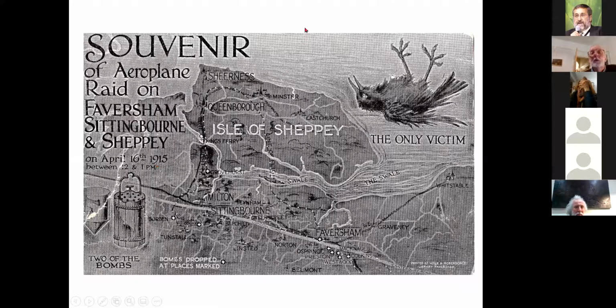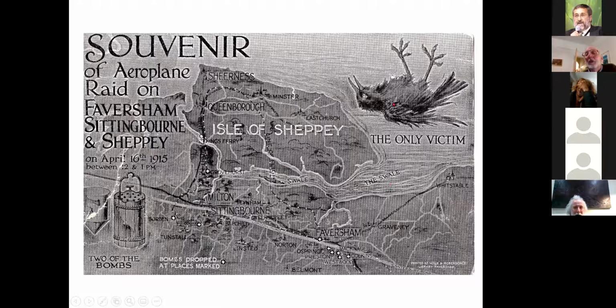A very small single-engine plane, just one person in it, came over from France and dropped bombs of this sort, quite incendiary bombs really, on this route here, several around the Teynham area, then following this route, somewhere around Tunstall, Borden, up onto the Isle of Sheppey, one dropped here, back round, and off out to sea again.